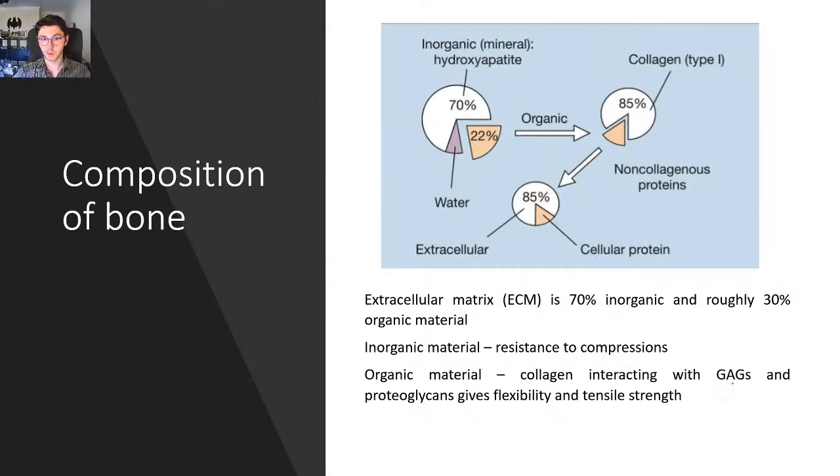Basically, there's just GAGs and proteoglycans. They are just proteins which have different amounts of sugar on them, and together they help attract water. So water is another main component here, and what water ensures is that you have resistance to compression, and that it provides a more holistic structure so that the bone is stronger and adapted to its functions.